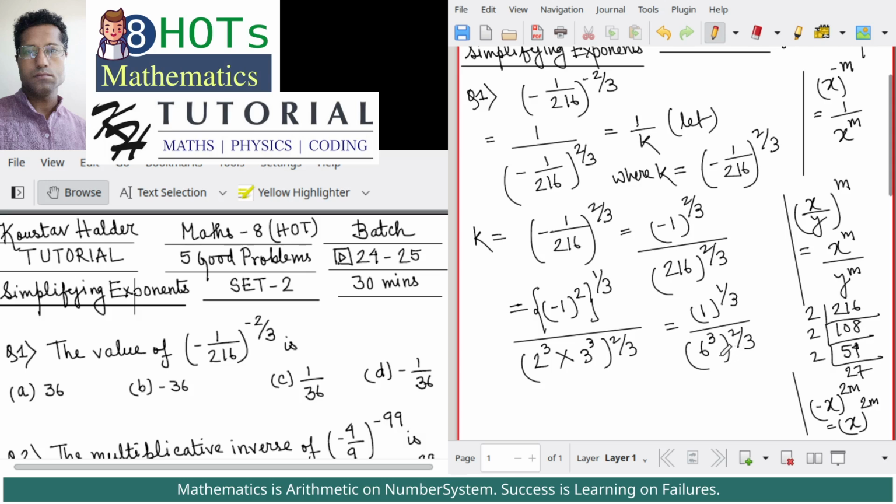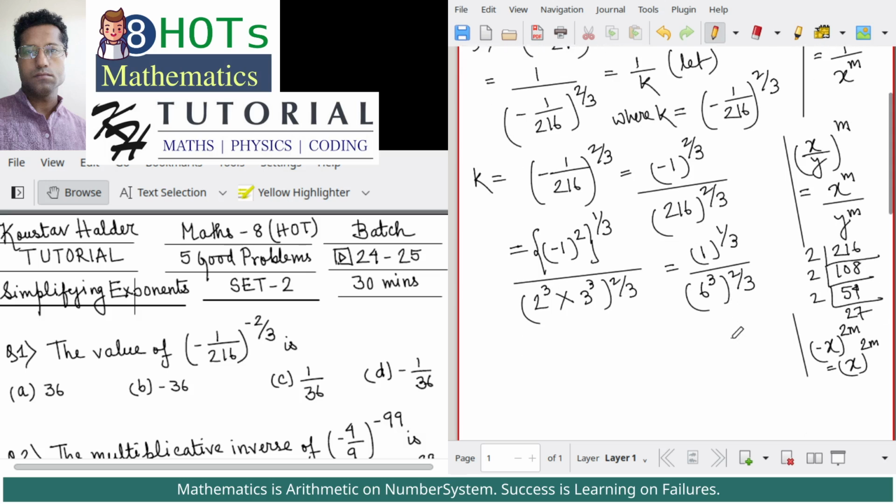At this stage I can say with confidence that the correct choice will be C. But anyway, let's see whether this expression finally comes out to be 1/36 or not. So this is 1 divided by (6 cube) raised to the power 2/3, which is nothing but 6 raised to the power 3 multiplied by 2/3, which is equal to 1/6 square, and this is equal to 1/36.